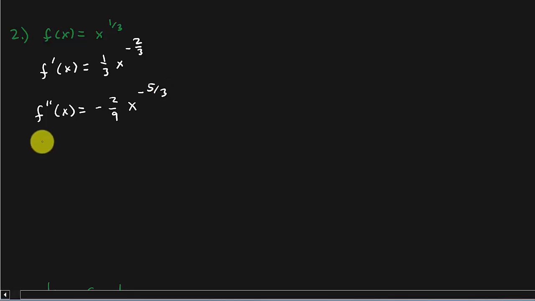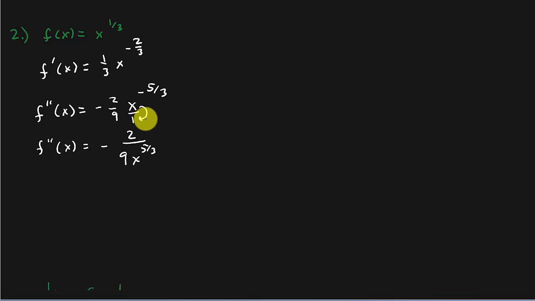So this is actually equal to f double prime of x equals -2 over 9x to the 5/3. Remember, this is over 1. If I move it down to the denominator, it changes the sign of the exponent.